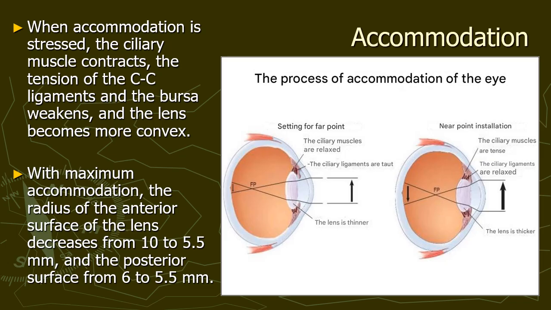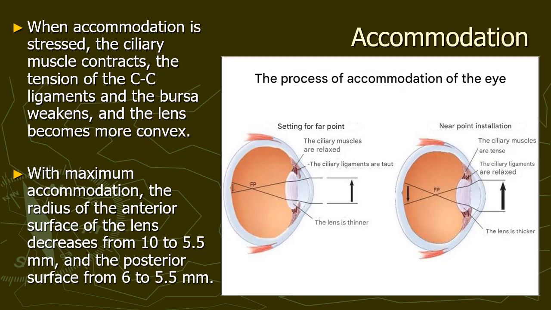Due to this, a clear image is formed on the retina when an object approaches the eye to a closer distance. The shape of the lens changes, it becomes more convex, and the radius of curvature of the lens surface will decrease to 5.5 millimeters. That is, the shape of the lens will be more convex.